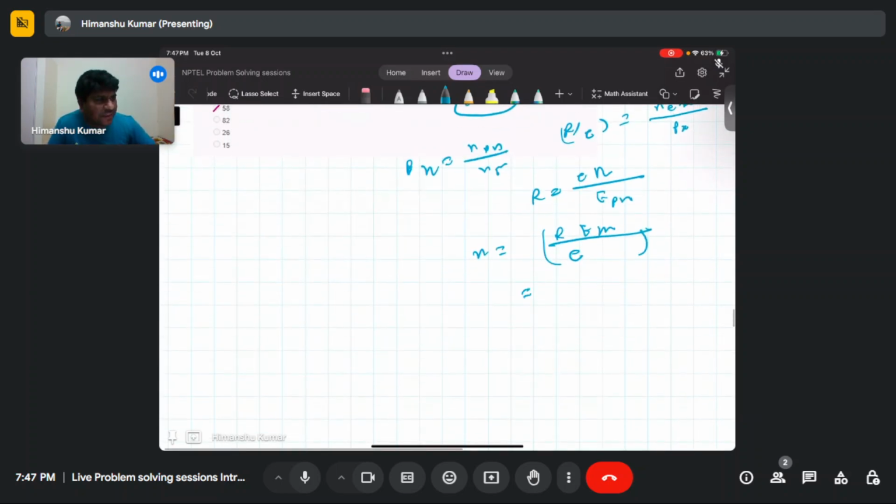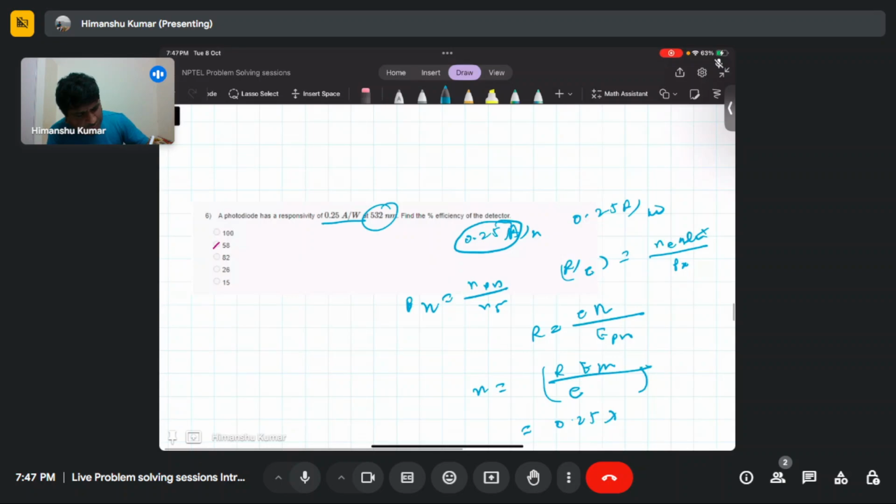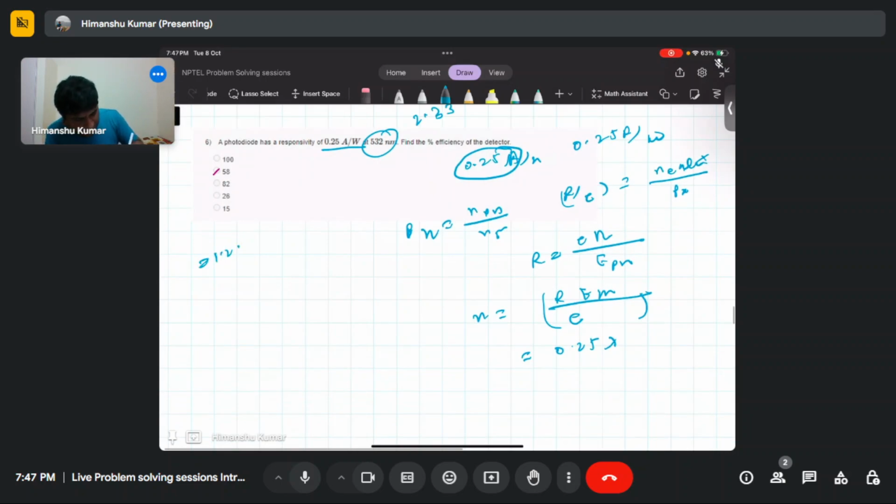So the responsivity is given as 0.25, and the wavelength is given as 532 nanometers. The energy of the photon is around 2.33 electron volt, which you can calculate as 1.24 divided by 0.532 micrometers.